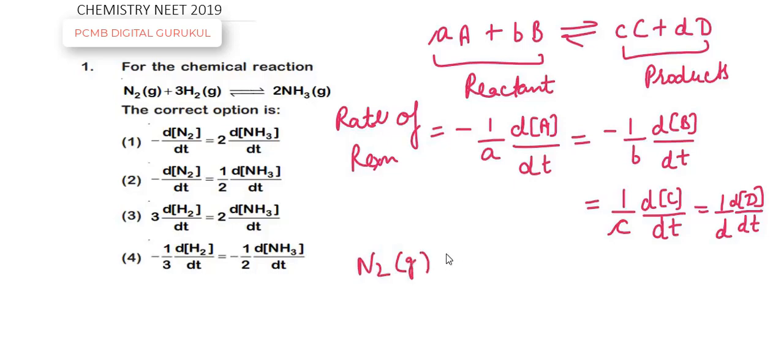The reaction given to us is when N2 reacts with 3 moles of H2, it gives us 2 moles of NH3.